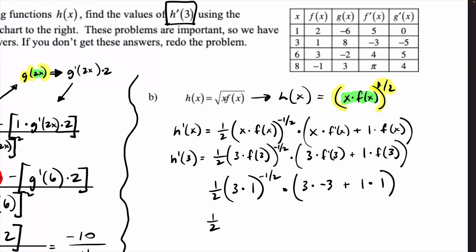So we're going to get 1/2 times 3 to the negative 1/2 power times negative 9 plus 1.